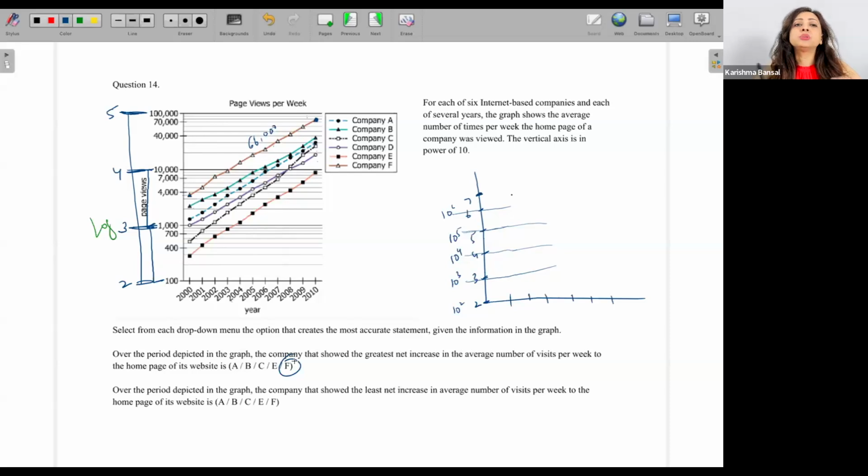Do I have to compare it with all the others? When we say it doesn't take time, of course Data Insights has a time crunch, but the point is to really understand things and observe, because then you don't need to spend any time. When I say this is a logarithmic scale, GMAT makes it easy for you. There are always hints given.